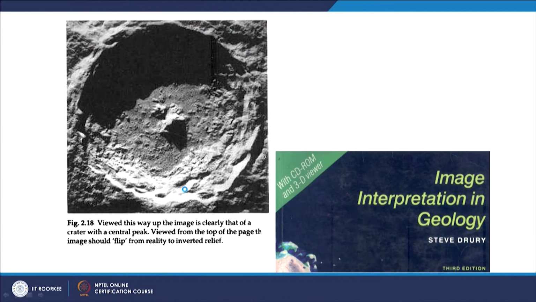One more example here is from a very famous book, Image Interpretation in Geology by Steve Drury, and here what he has mentioned about this crater is that the image clearly shows a crater with a central peak. Viewed from the top of the page, the image should flip from reality to an inverted relief. So, if it is rotated by 180 degrees, that means forcing the sun to go to the northwest quadrant, then you do not see FTPP.